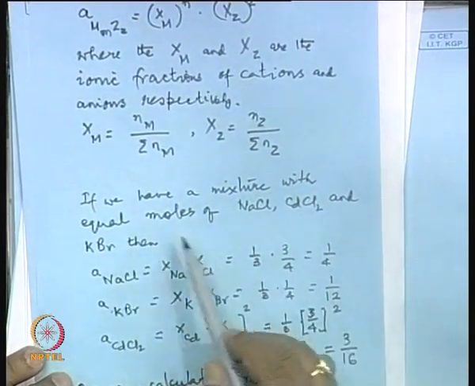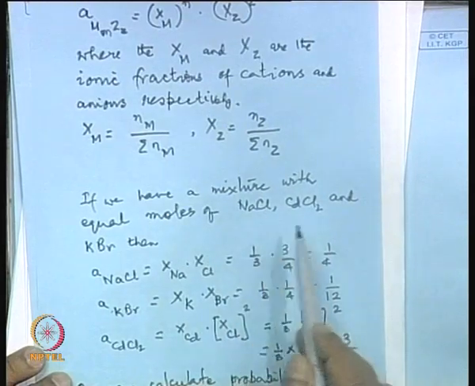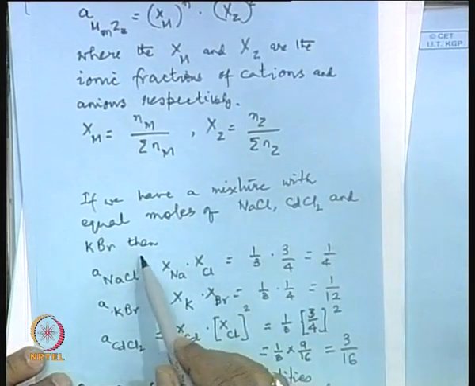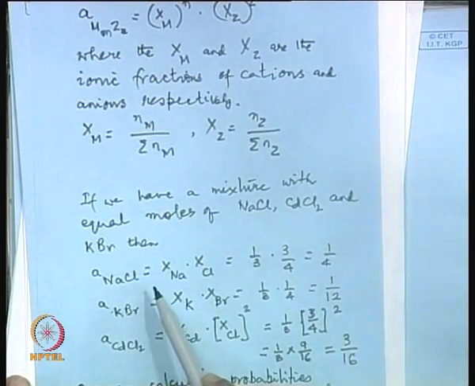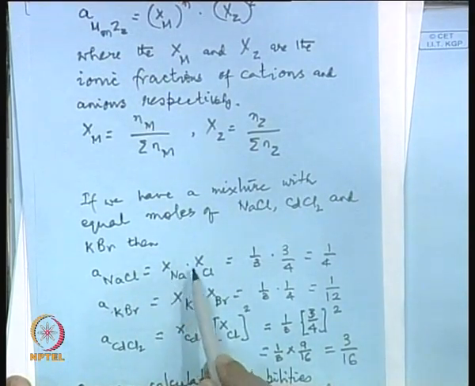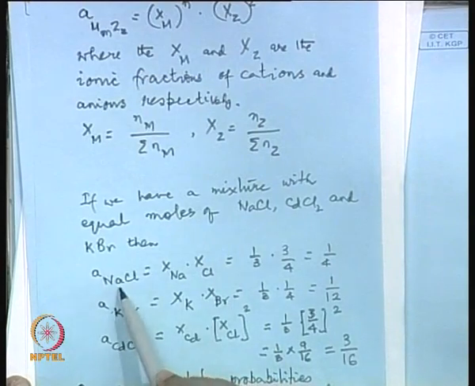If we have a mixture with equal moles of NaCl, CdCl2 and KBr, then the activity of NaCl is the ion fraction of sodium times the ion fraction of chlorine.